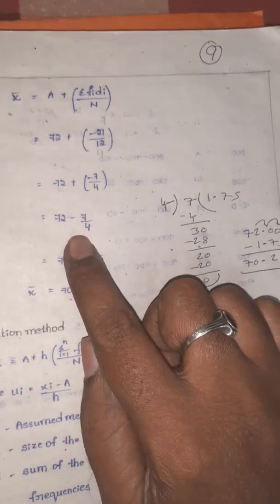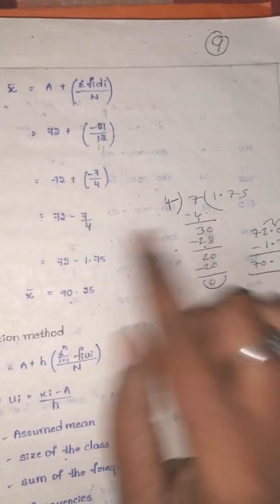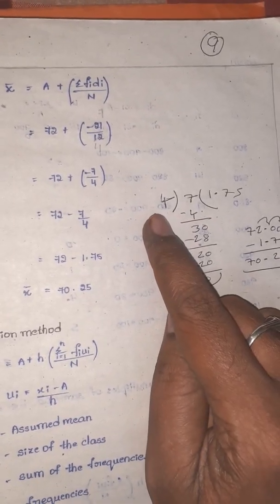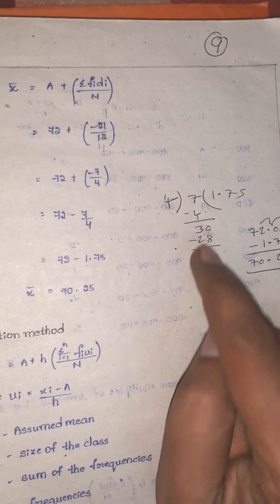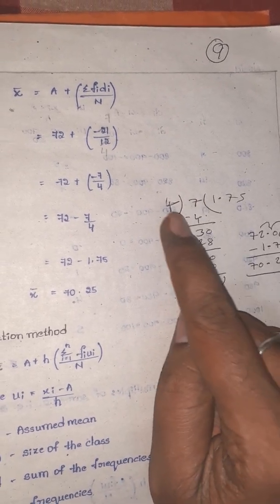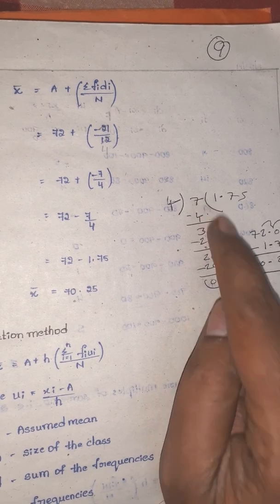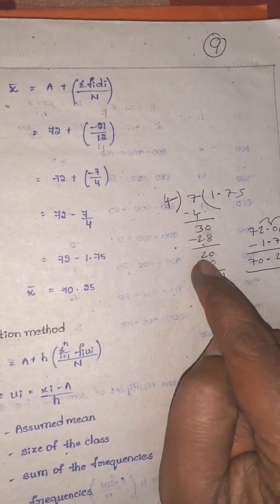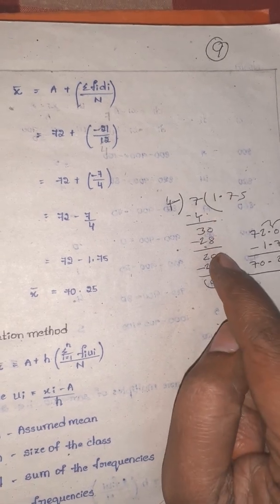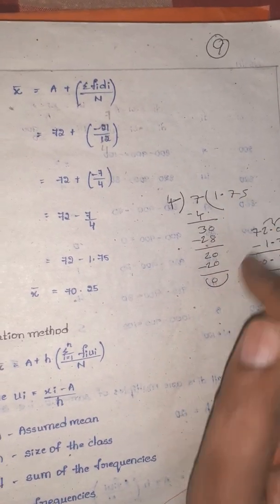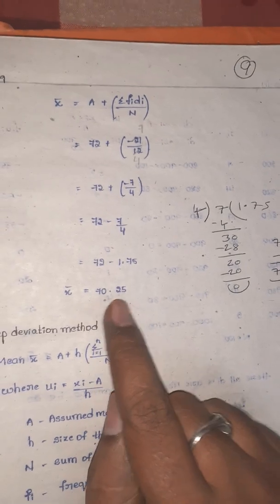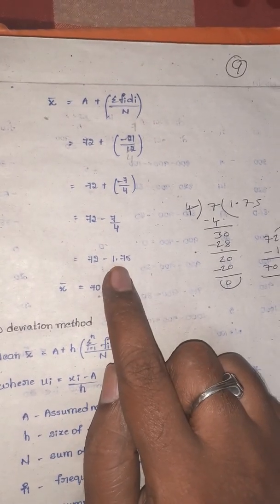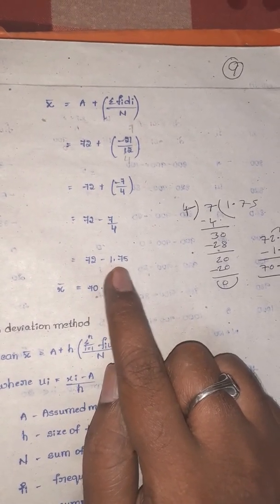Plus into minus is minus. Now dividing 7 by 4: 4 1s are 4, 7 minus 4 is 3. In the 4 table 3 won't come, so keep the decimal and write 0. 4 7s are 28, 30 minus 28 is 2. The point is already there, so keep 0. For 5, 4 5s are 20, and the remainder is 0. The answer is 1.75.